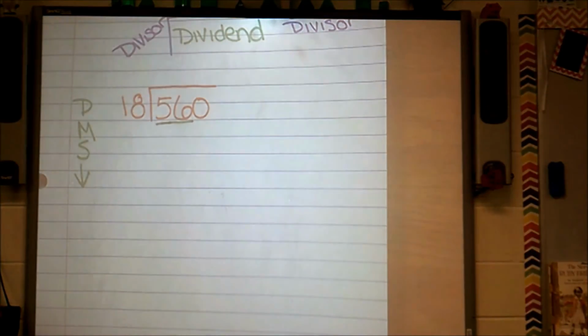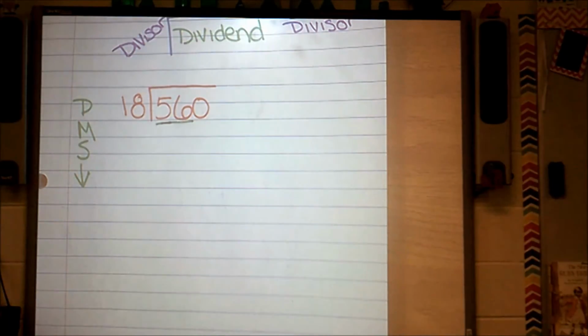I'm going to put those numbers together. And I'm going to say in my head, can 18 fit inside of 56? It absolutely can fit at least one time into 56. So we have to figure out how many times 18 fits into 56 without going over.